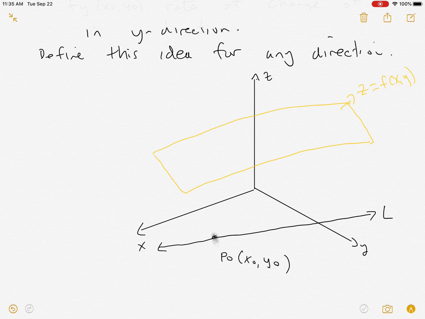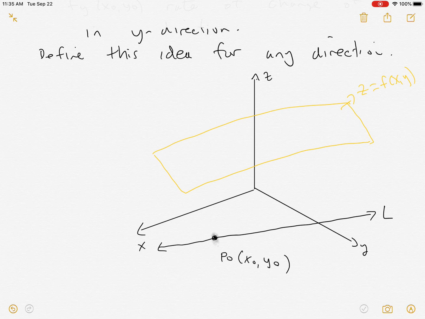Call it capital L. This is a line through P naught. I'm not assuming that it's parallel to the x-axis. It could be any direction, and this is going to help us with this idea of direction.